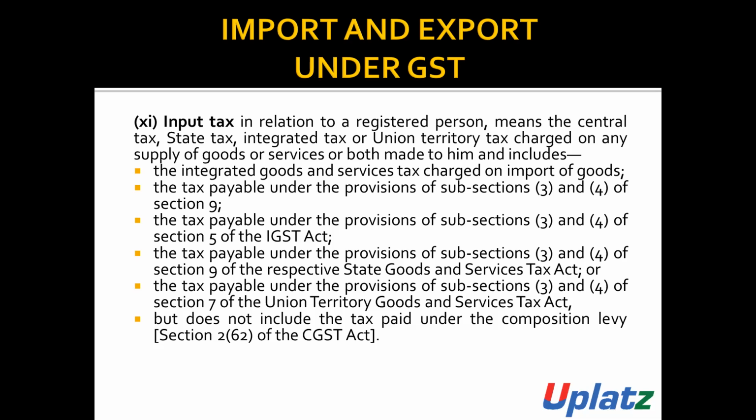The tax which is payable under subsection 3 and subsection 4 of section 9, the tax which is payable under section 5, subsection 3 and subsection 4 of the IGST Act, the tax which is payable under section 9 of the SGST Act, and the tax which is payable under the provision of section 7, subsection 3 and subsection 4 of the UTGST Act, but it does not include the amount of tax which is paid under the composition scheme. So this is the input tax under the GST.